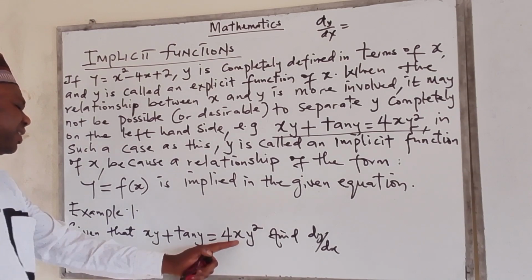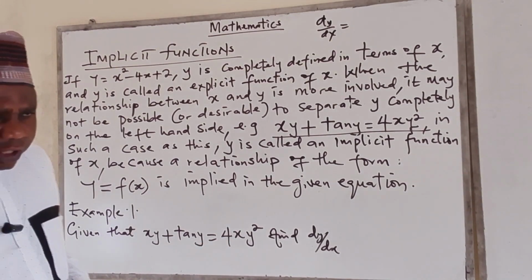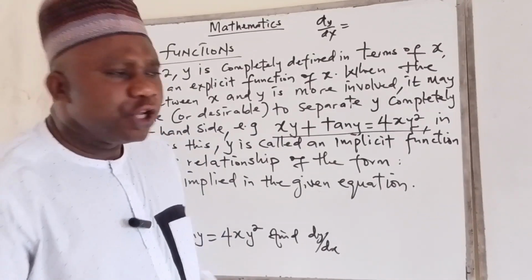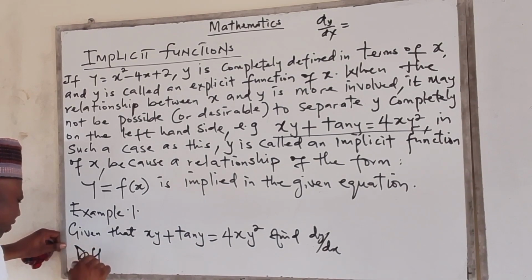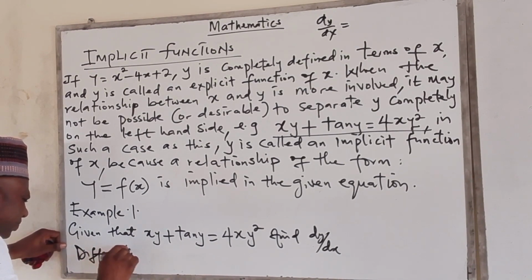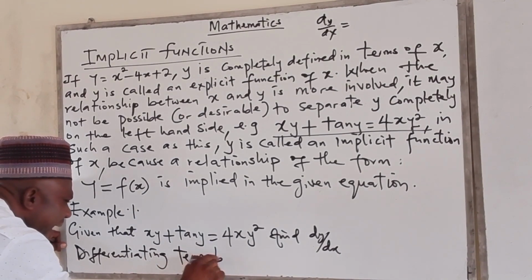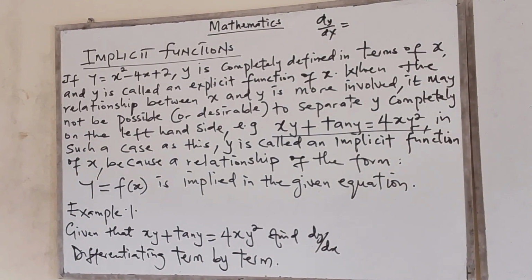In this case, you can't start with dy over dx, because the relationship between x and y is much more involved. So the first thing here is differentiating term by term. So here we are going to be differentiating term by term.